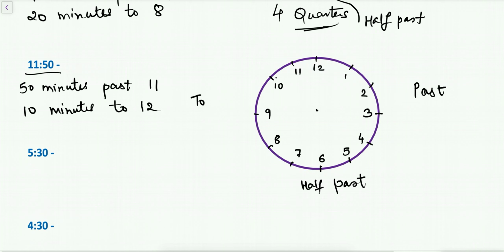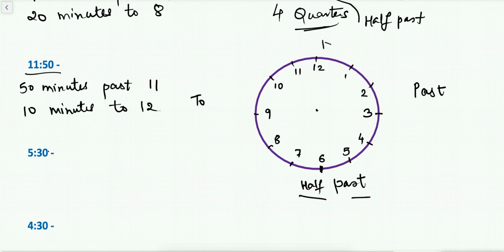So on the clock, from 12 to 6, we will say past. The minute hand will be read as past, and from 6 to 12 it is moving towards the next number. If the needle is at 6, it will be half past.